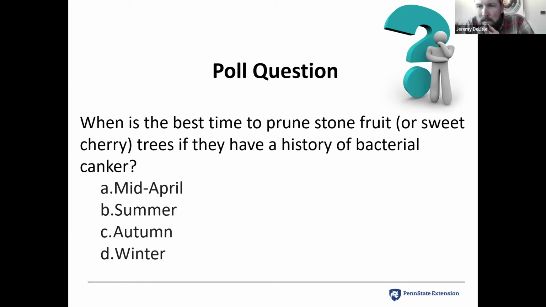Let's see. Another one was, can you explain the effect of winter pruning? When exactly are we talking? This pathogen likes cold weather. So winter pruning, I would say, is any time when you've got really cold weather. In the depths of winter, you probably would want to avoid pruning stone fruit trees that have a history of bacterial canker, even now.